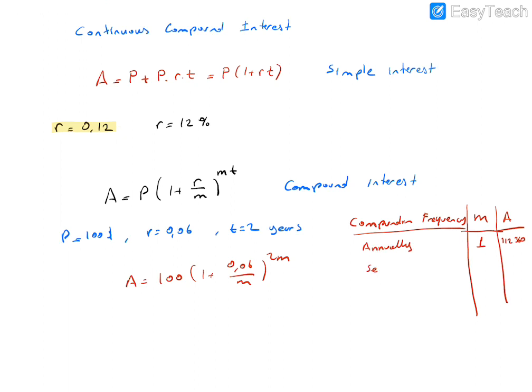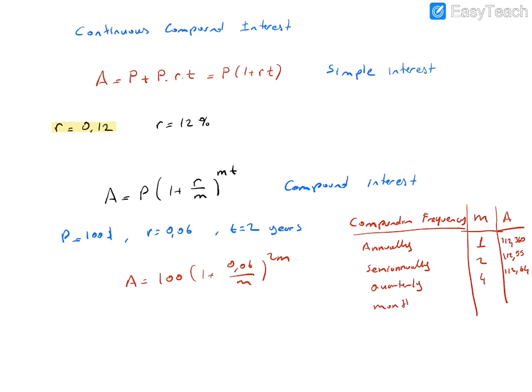If this is semi-annually, I performed the same calculation in the lecture, most of you will remember. And quarterly, you can calculate. As you see, the future values are not big, but it is increasing, you can observe.